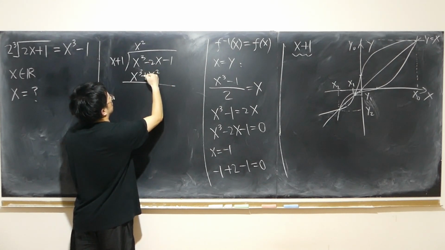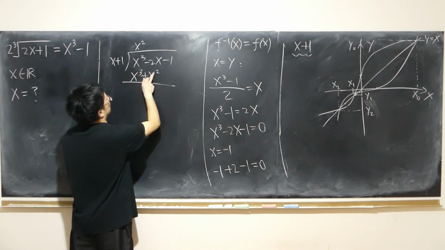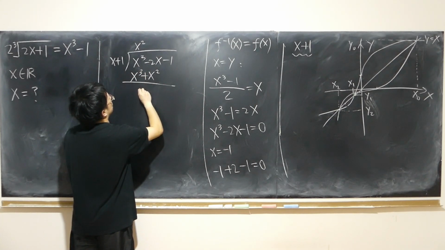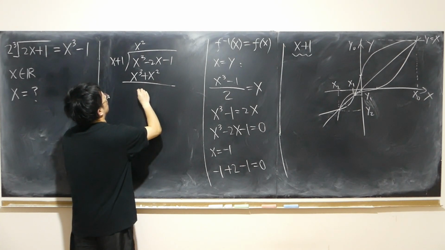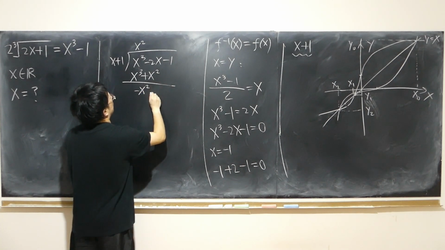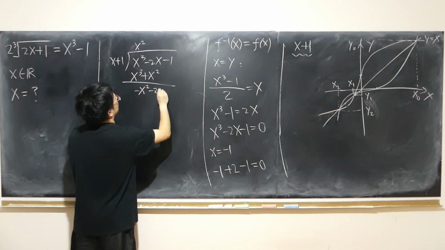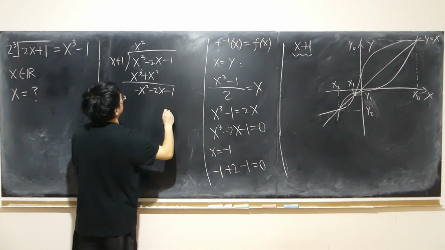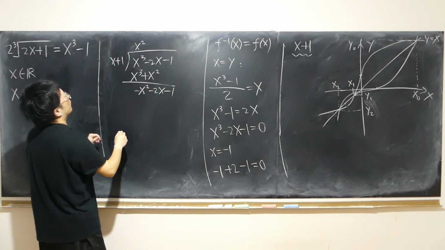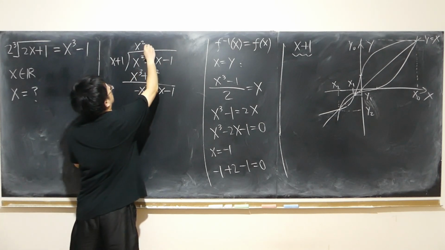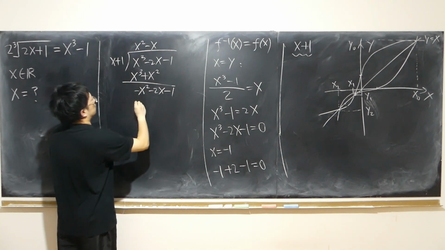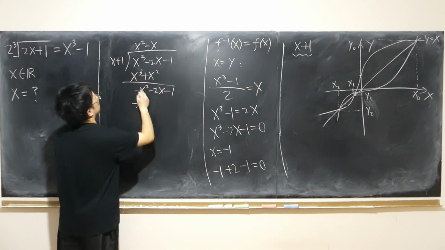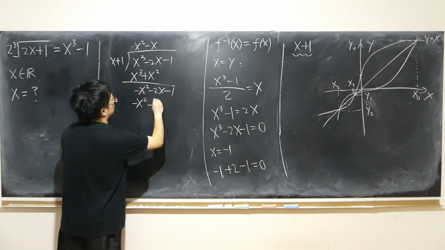And so this minus that: this is gone, and I have negative x squared. Copy the rest, negative 2x, negative 1. Now I can come up with negative x, because that gives me exactly negative x squared, and also minus x.